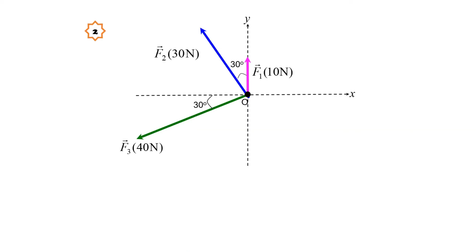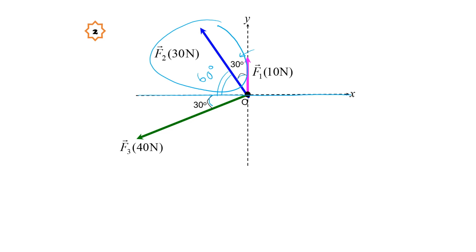Before I stop, I would like to remind you of an important point here. Normally the angle is attached to the x-axis, right? But in this case, for vector F2, the angle is attached to the y-axis. So if you want to solve this by resolving the vector, you can either find this angle of 60 degree and use the cos and sine functions as usual, or you can use this angle that is attached to the y-axis.